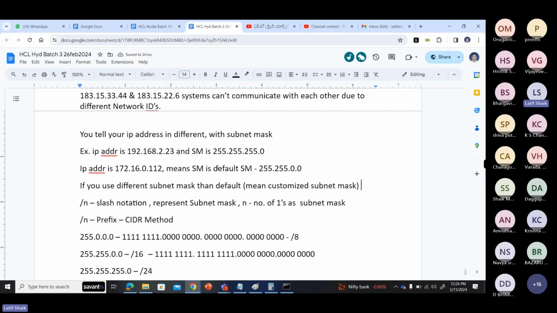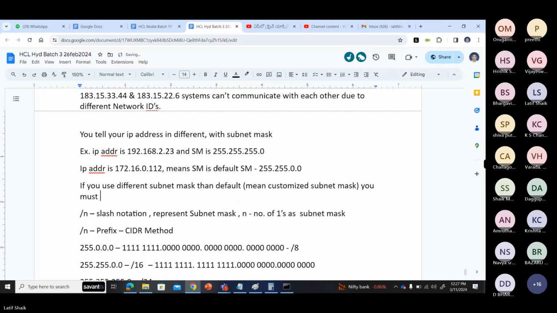If you use a different subnet mask than the default one, it means you use a customized subnet mask. So you must mention the subnet mask.